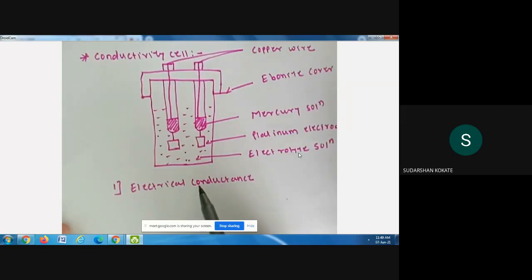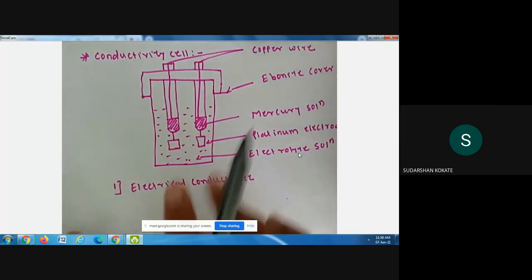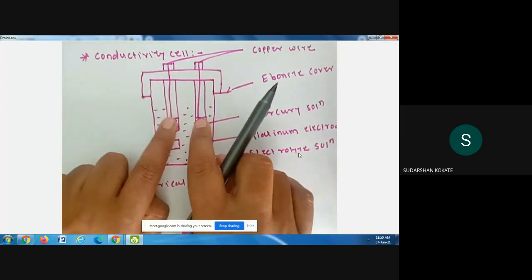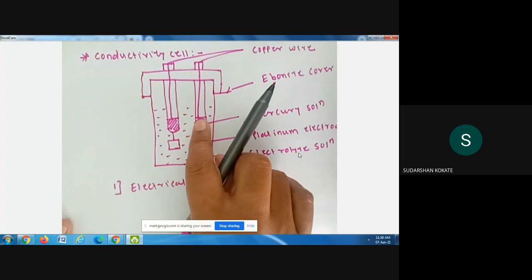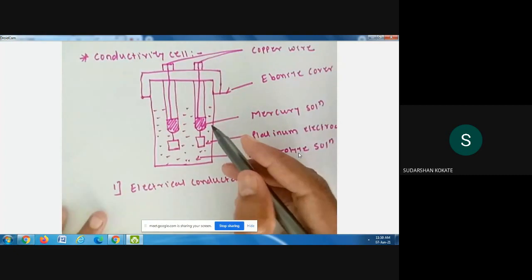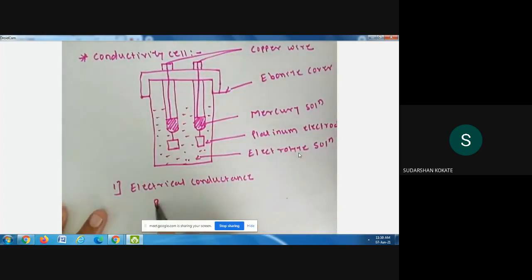your Wheatstone bridge, right? In the conductivity cell, two parallel electrodes are fitted. This is your platinum electrode which is coated with platinum black powder. You remember this one.